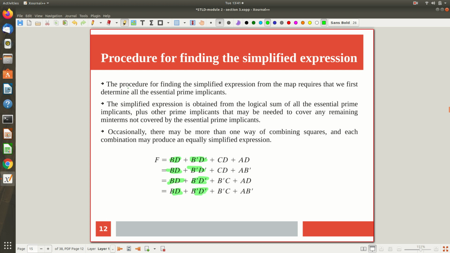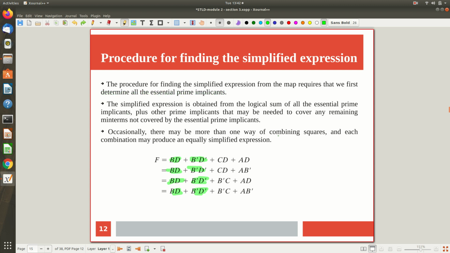Okay, so the procedure for finding the simplified expression from the map requires that we first determine all the essential prime implicants. Once you determine all the essential prime implicants, the simplified expression is obtained from the logical sum of all essential prime implicants, plus other prime implicants that may be needed to cover any remaining minterms not covered by the essential implicants.